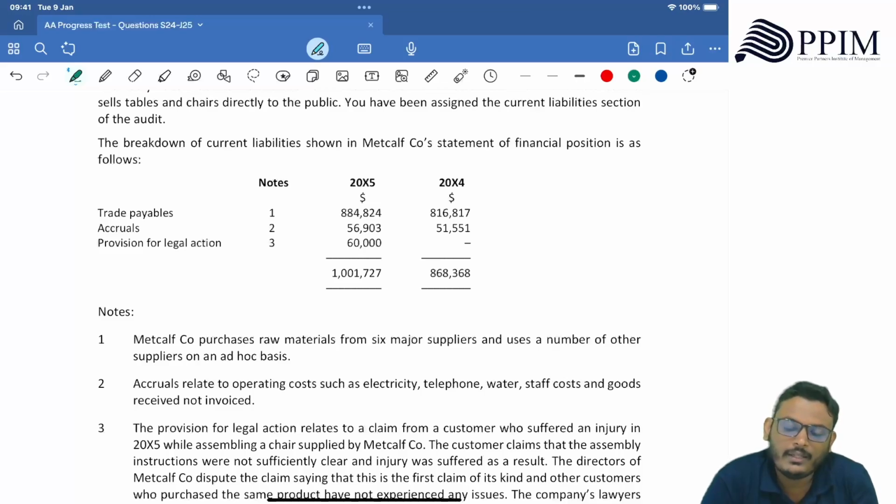So if you look at the three balances, 2004, 868,368, 2005, 884,824, 56,903, 60,000, total 1,01,727.